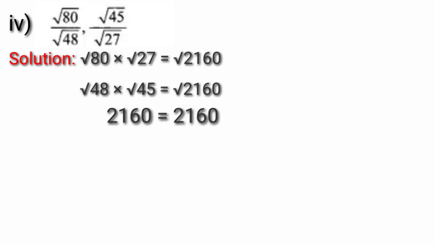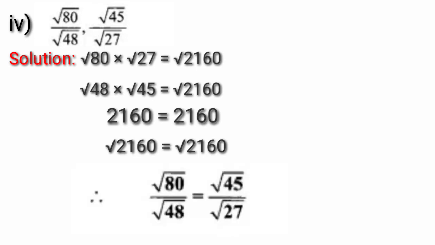So 2160 is equal to 2160. Therefore, under root 2160 is equal to under root 2160. Therefore, under root 80 upon under root 48 is equal to under root 45 upon under root 27.